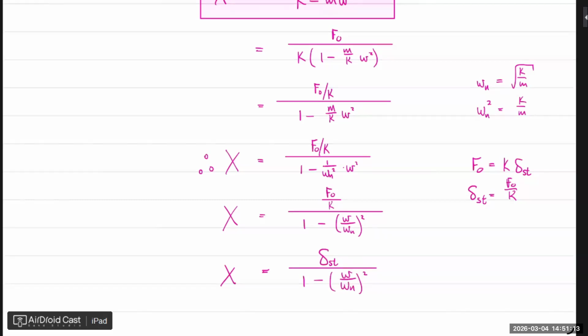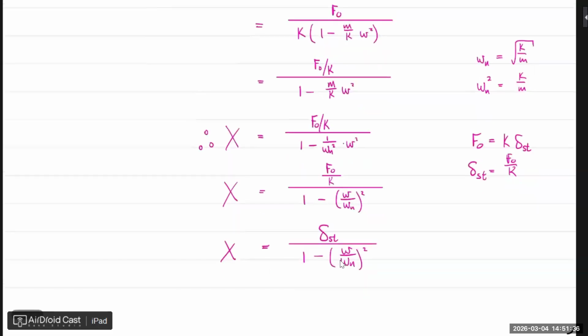That basically gives us the answer to what happens when the forcing frequency is the same as the natural frequency. Then the amplitude will go to infinity or negative infinity. That's why it's so important to perhaps have a damper inside, but that's next week's work.